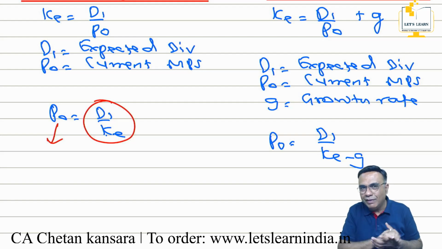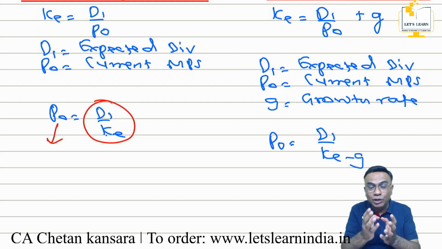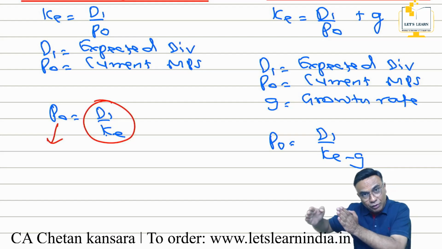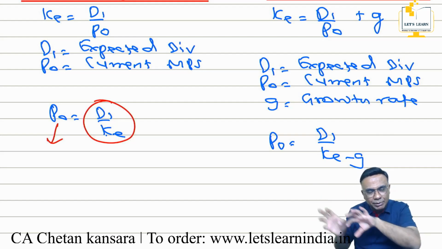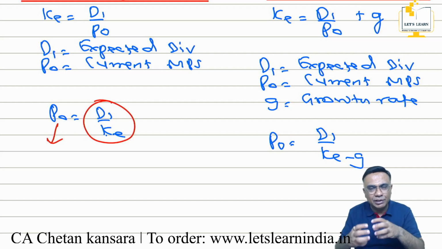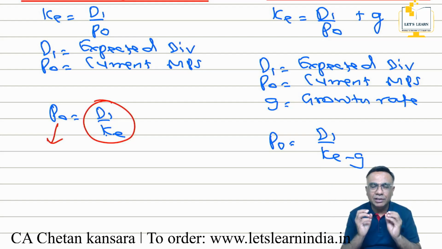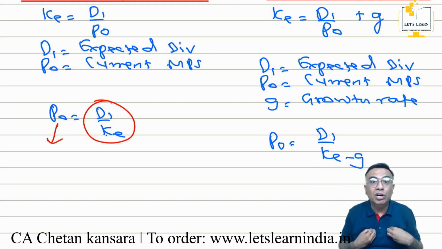We will find out what cash flow will be generated from your business, and I will discount the cash flows at a particular rate, the minimum rate I expect from your business.